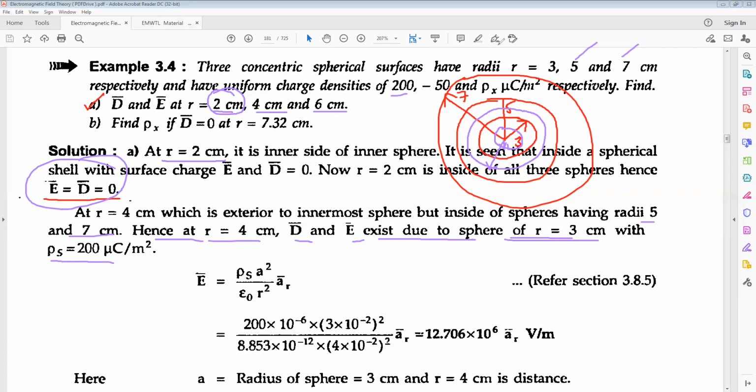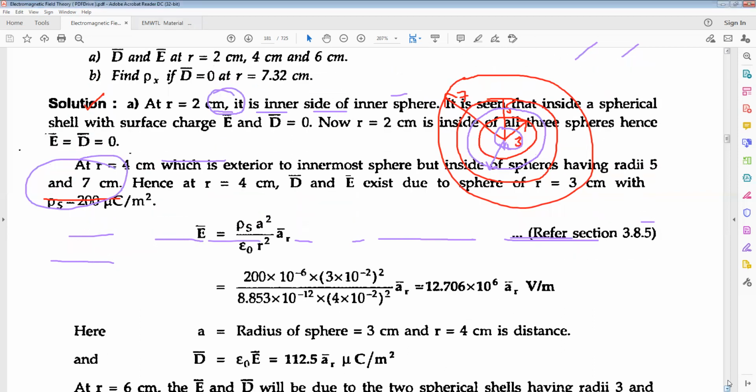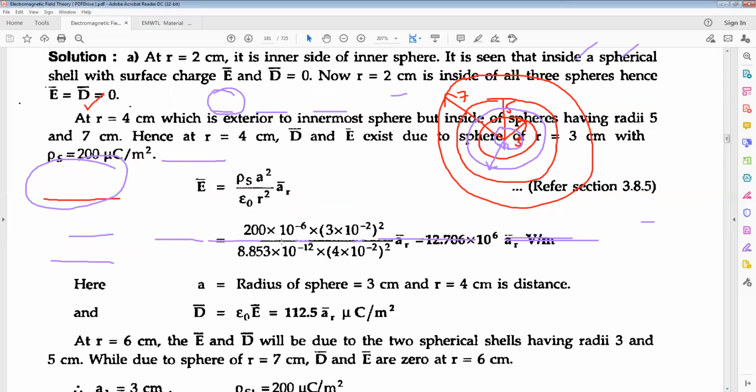You get E bar. Similarly, D bar is epsilon naught into E bar, so removing epsilon naught here, you get 112.5 a_r microcoulomb per meter square.